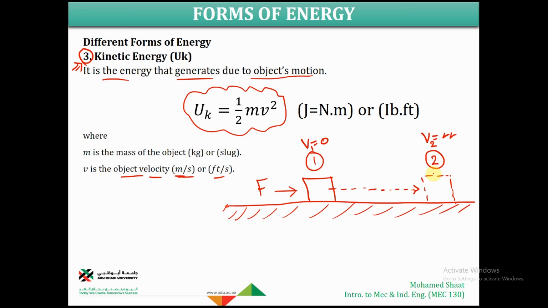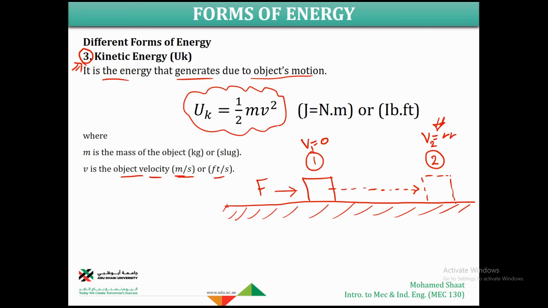At this instant of time, the box will have a kinetic energy, an energy that comes because of the motion, known as the kinetic energy, that depends on the speed of this object. If we allow this object to move more, its speed is going to increase, or probably because of some roughness over the surface, the speed could be decreasing.